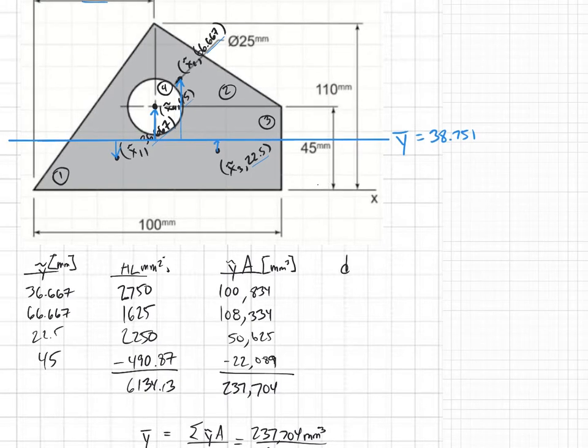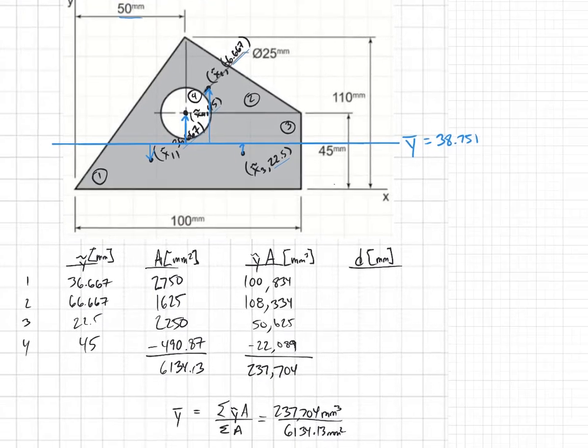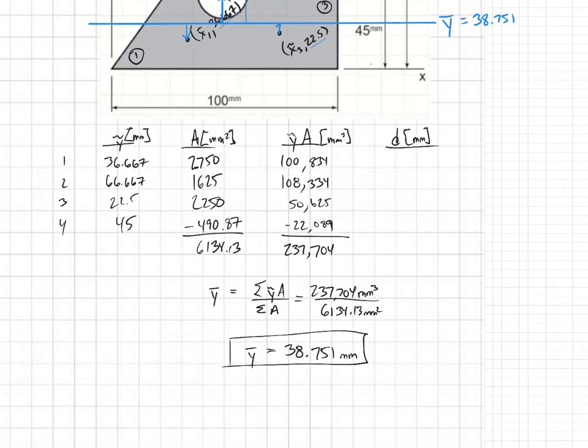I just created a column for distances in millimeters. That's the distance between the local centroid and the global centroid. So basically, I'm looking for this compared to this. I'm just going to subtract them, and I'm not going to bother with the absolute value, because we're going to square all these things. So 2.084.